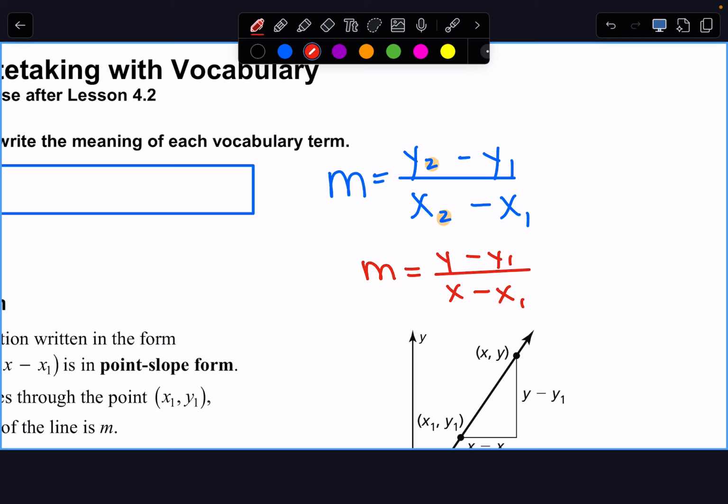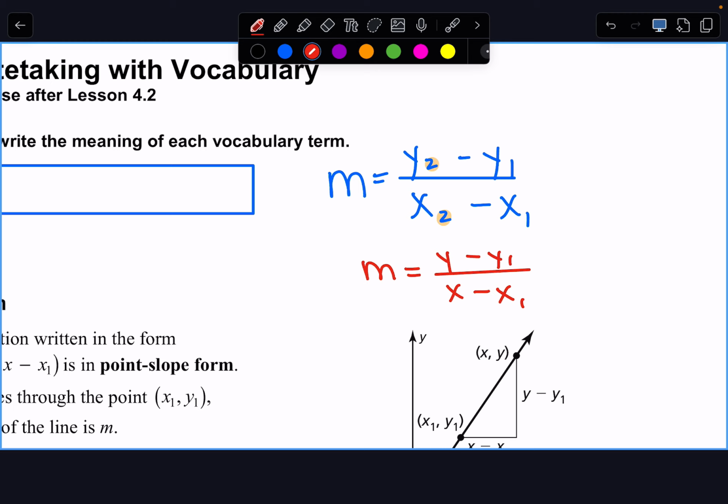Now, how would I get rid of having a fraction on the right side? You would need to take the numbers minus the numbers. You would take y2 minus y1.